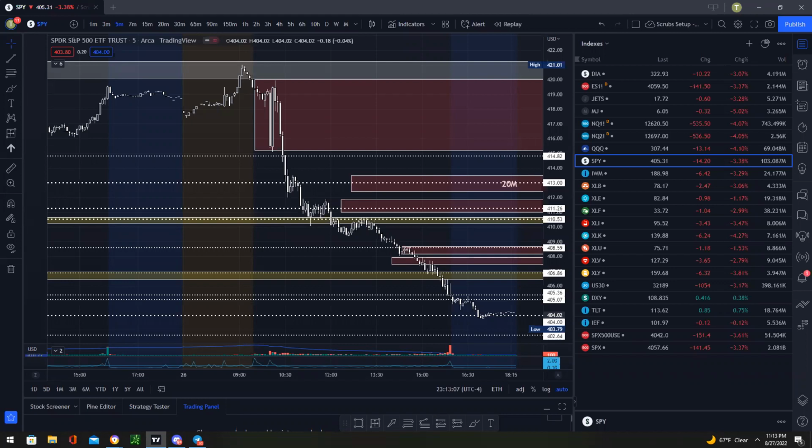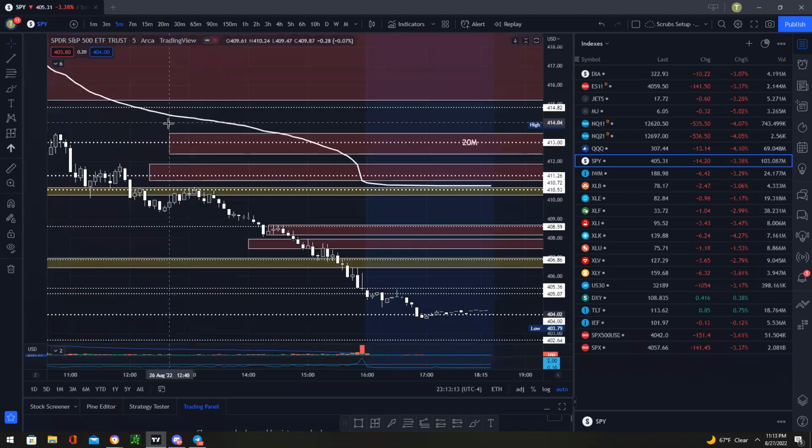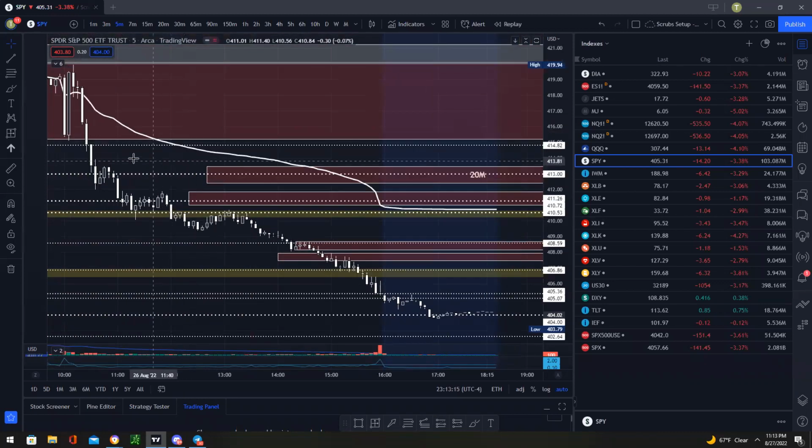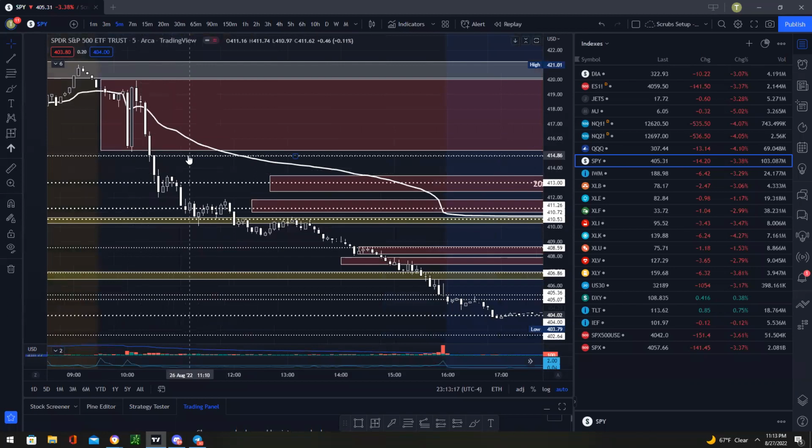Can you explain VWAP? Just really quickly, because I have a video about this, but I'll answer your question. The VWAP is a volume weighted average profile. In the simplest terms, it's the average volume for that specific day. It is updated every single day.